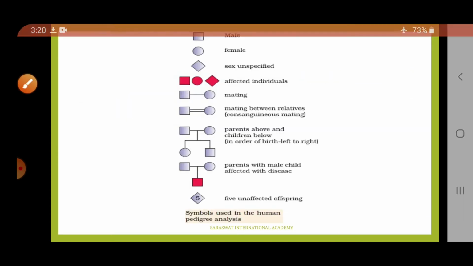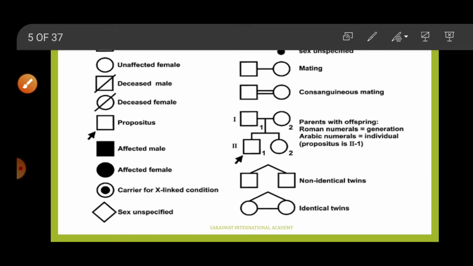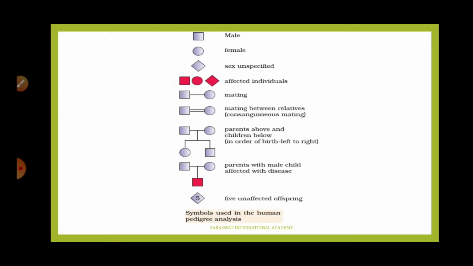We will study that. Students, here you can see the basic figures, certain symbols. See the first symbol, it is a square. A square represents a male. That square is not shaded, so it means it is an unaffected male.